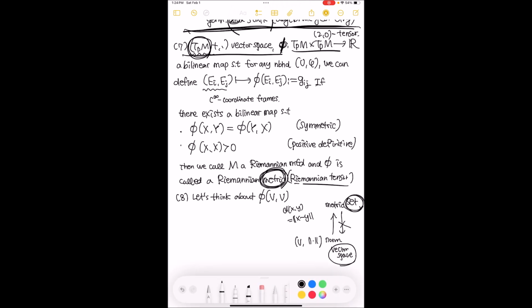In this case, we can think about this part, because in Riemannian geometry the tangent space is a vector space. So how do we define it? That becomes the norm.